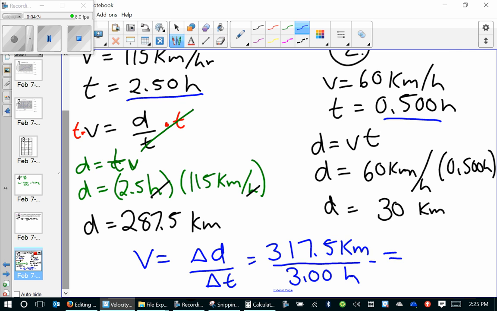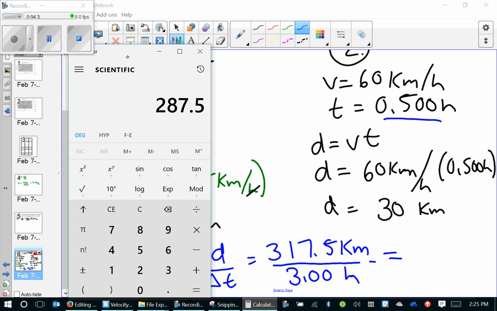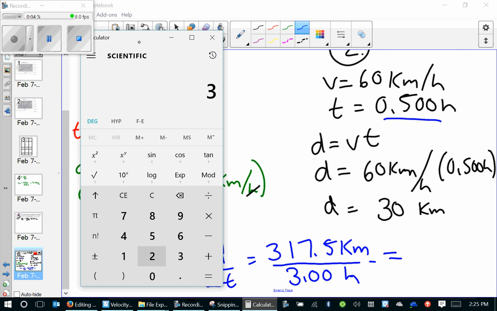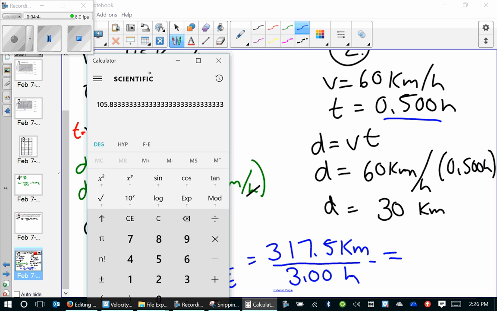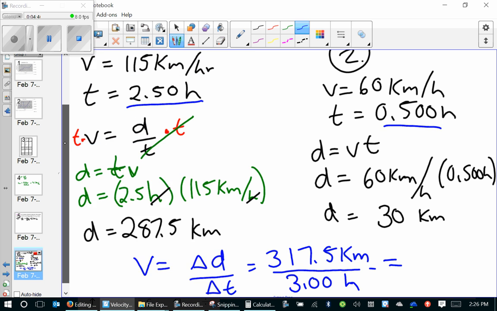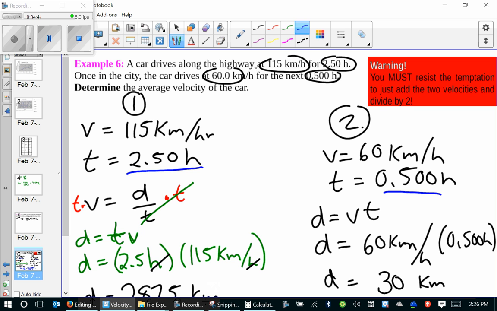Okay, so in my calculator I have 317.5, and I'm dividing by 3.00. Okay, here I have my answer, 105.833. Now I'm going to go back.